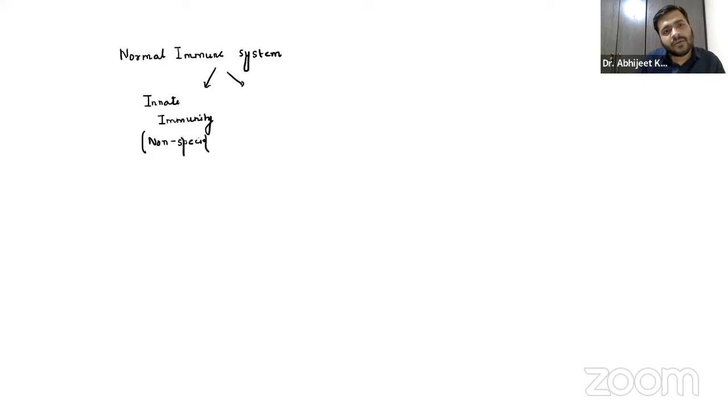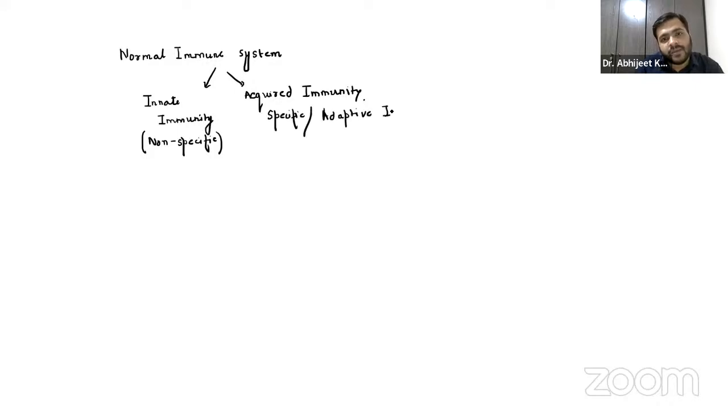And the other one is called the acquired immunity. The acquired immunity is specific, and it is also called adaptive immunity. So that is the acquired immunity, the specific or the adaptive immunity.